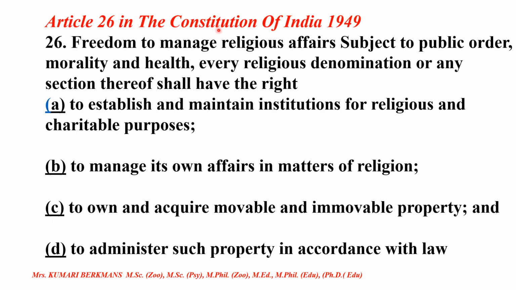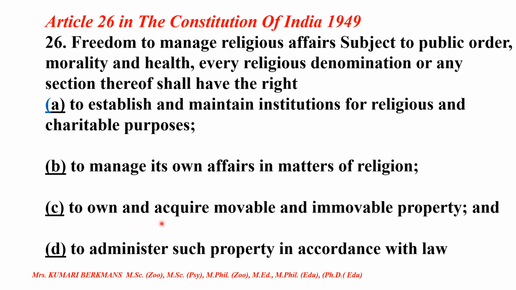Article 26 in the Constitution of India, 1949. What does the article say, in the sense? Freedom to manage religious affairs subject to public order, morality and health. Every religious denomination or any section thereof shall have the right: A. To establish and maintain institutions for religious and charitable purposes. B. To manage its own affairs in matters of religion.